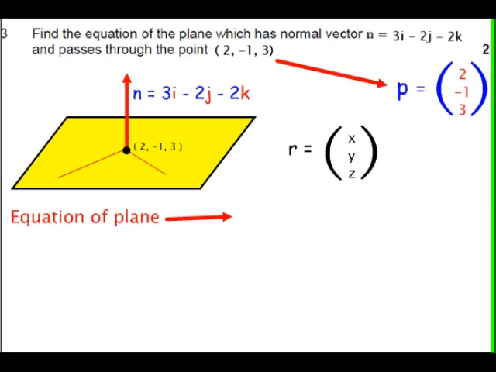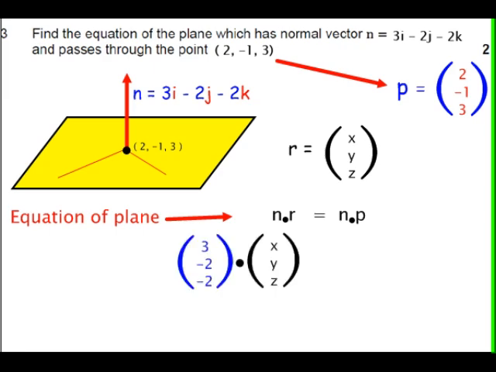To work out the equation of the plane, we work out n dot r is equal to n dot p. So n in its component form is 3, negative 2, negative 2. R is x, y, z. Is equal to n, again 3, negative 2, negative 2, dotted with the point P, 2, negative 1, 3.